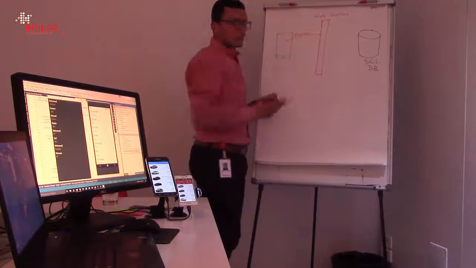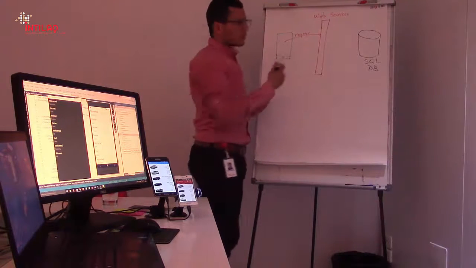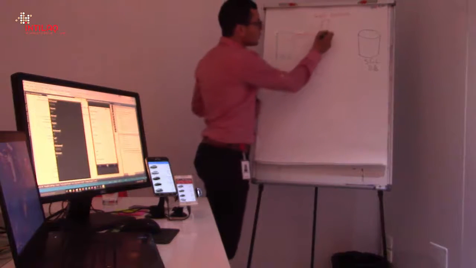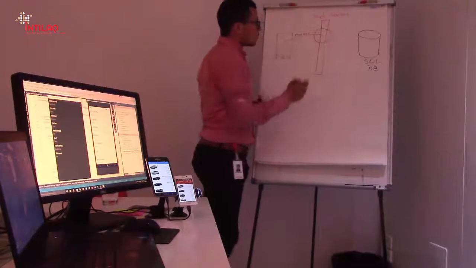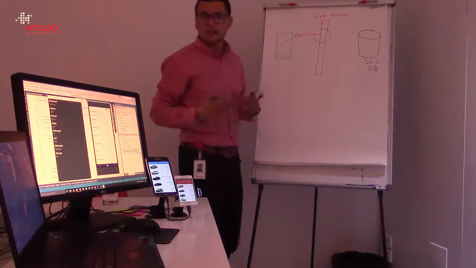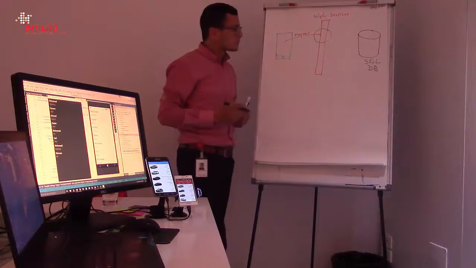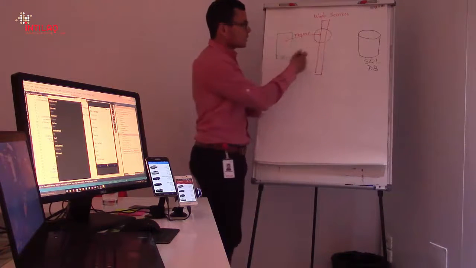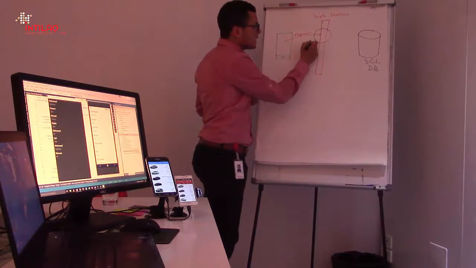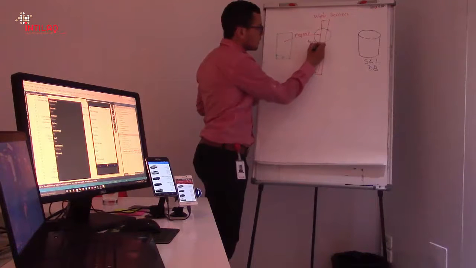This request for getting users or for getting the employees will go to the service that is responsible for handling that service. So here, let's say, for example, it's a method for getting employees.